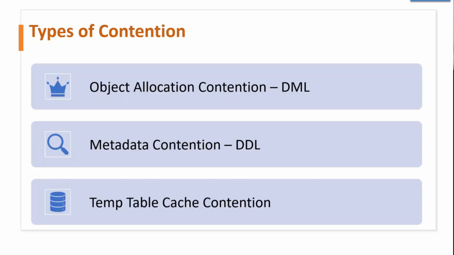If we take a look at the three types of contention, the first one is object allocation contention. That's a DML type. The second is metadata contention, which is of the DDL type. And the third one is temp table cache contention. We will take a deep dive into each contention type, see how it occurs, how to identify it, and also how to resolve it.